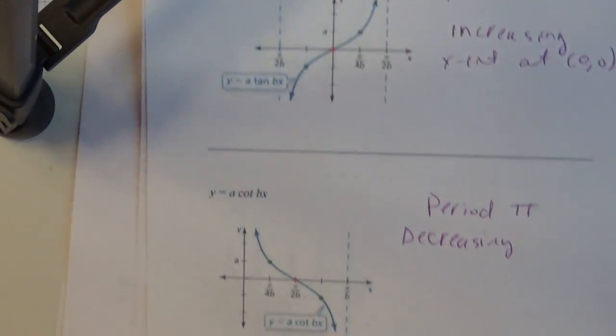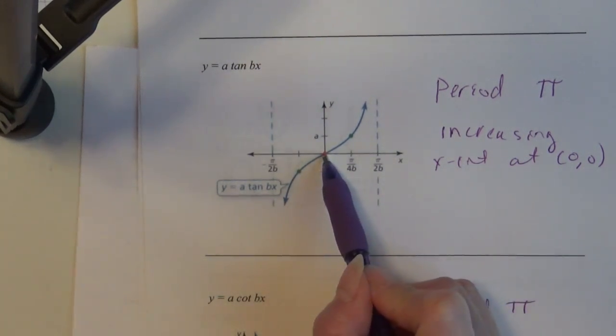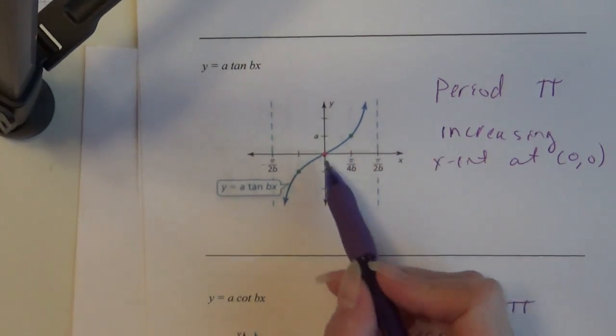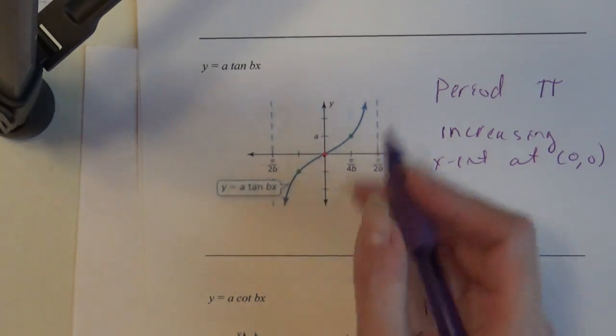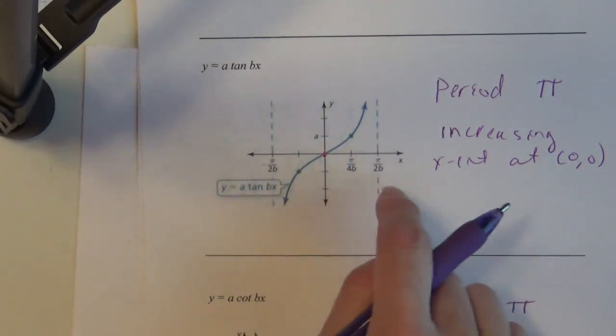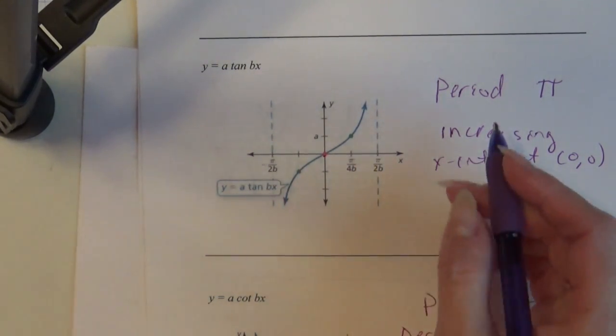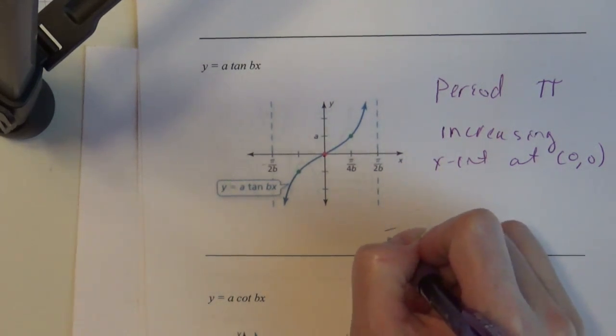Also, if you look at the graph of the tangent function, we had an x-intercept at 0. Well, anytime you've got an x-intercept on the original tangent graph, the reciprocal of that would put 0 in your denominator.